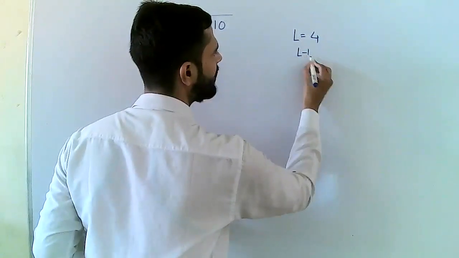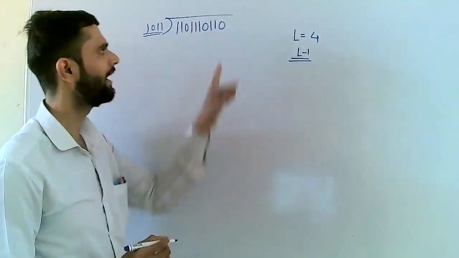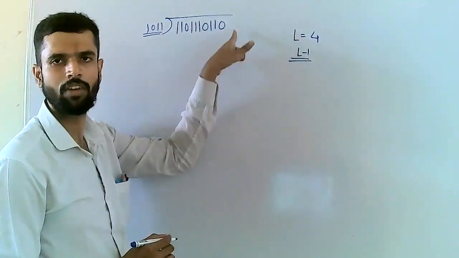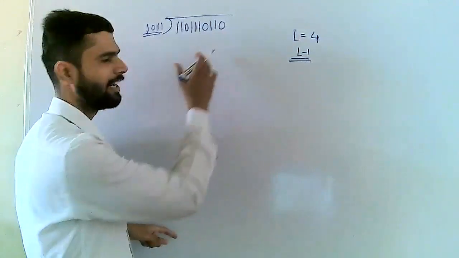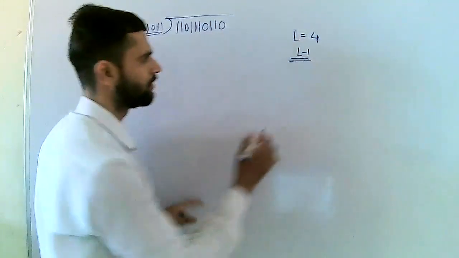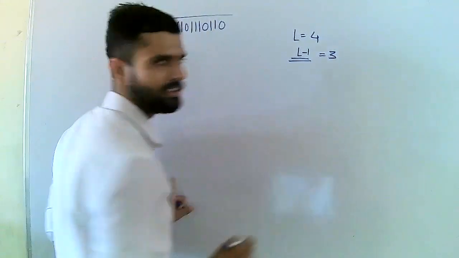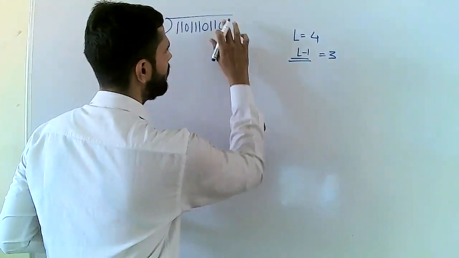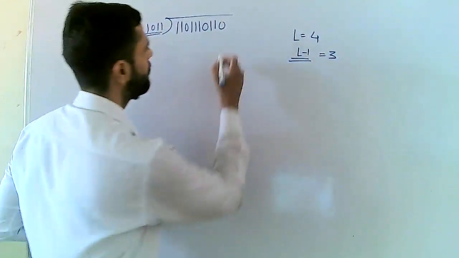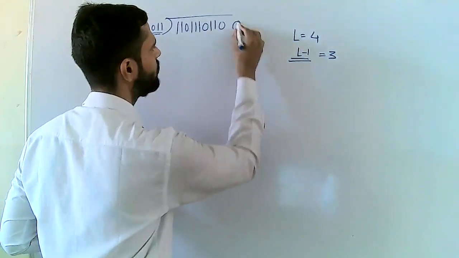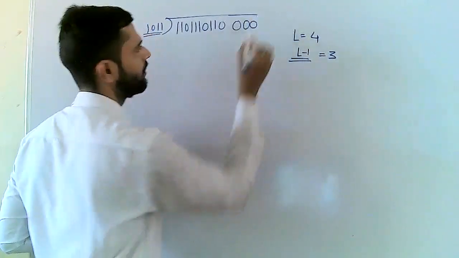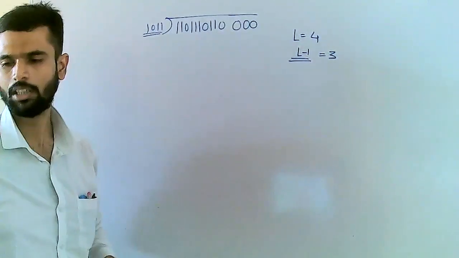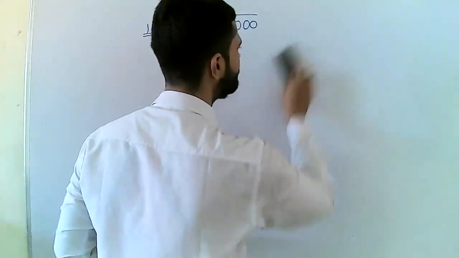So length minus 1 bits, that is 3 bits, we have to append at the end. So we append 3 zeros to the data bits. Now we will start performing the binary division.